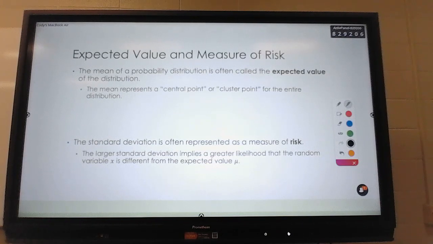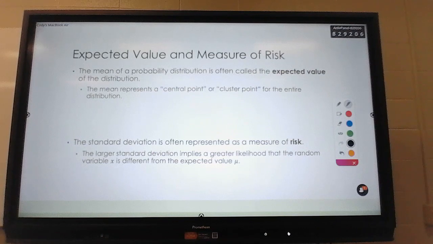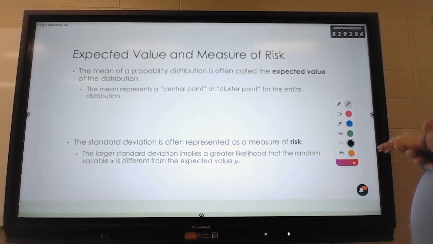That implies that if your standard deviation is large, it's very likely that your random variable is different from the expected value. On the other side of that coin, if you have a smaller standard deviation, then your value of x is likely closer or similar to that expected value.